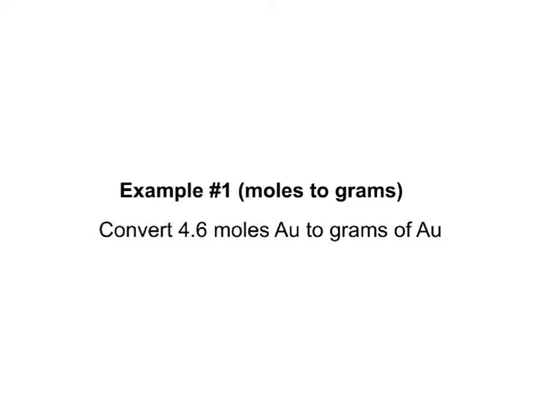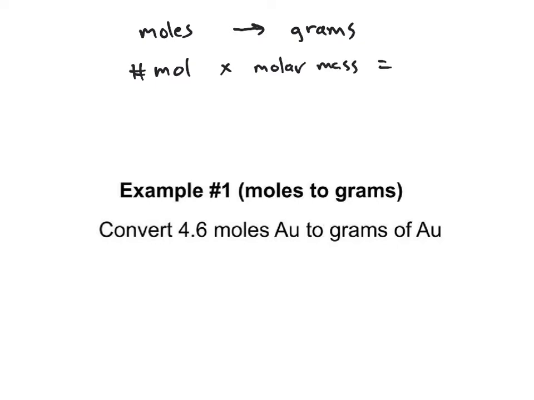Now, in this process of going from moles to grams, it's going to involve multiplying. I'm going to give you some number in moles, and you're going to multiply it by the molar mass, and it's going to equal some number in grams.